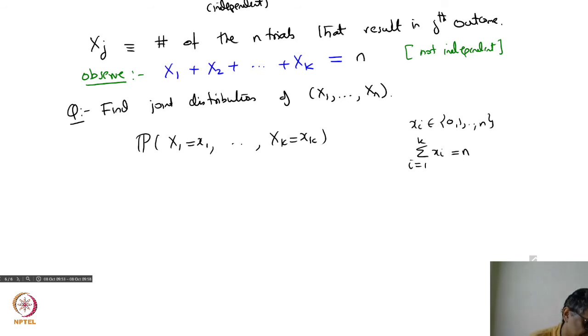Maybe I should use j because I've been using j, so I'll use j here and erase this. So I have X sub j, and the outcomes j go from 1 to k.